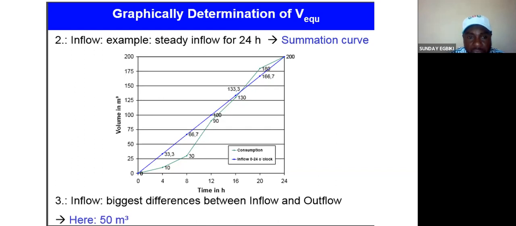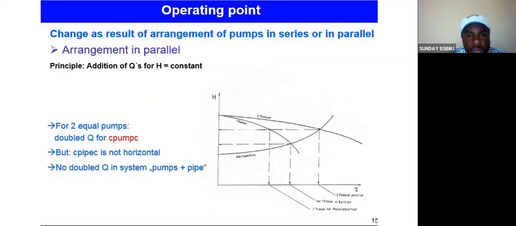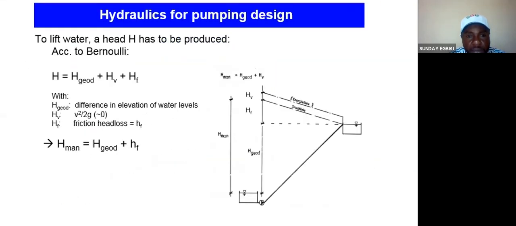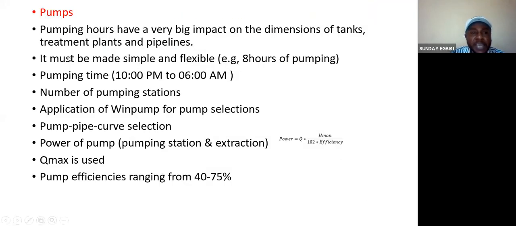That is why if you look at this graph, let me show you this. Pumping. Okay, you can see where we say it must be made simple and flexible, e.g. like 8 hours pumping.